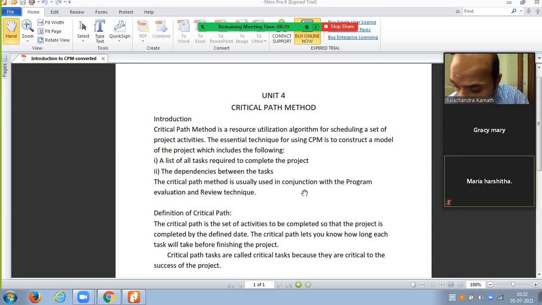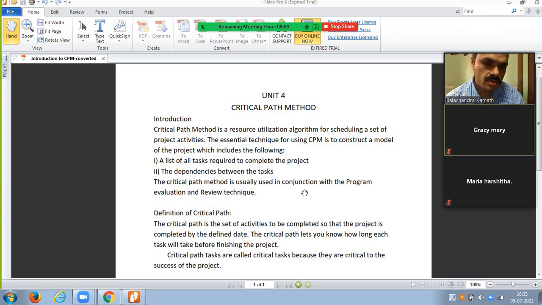Yes, sir. Understood. Okay. So next class, we are going to discuss the principles of the critical path method in detail, and then how we construct a network for projects. Let's go step by step, and then we will go for application areas of the critical path method.